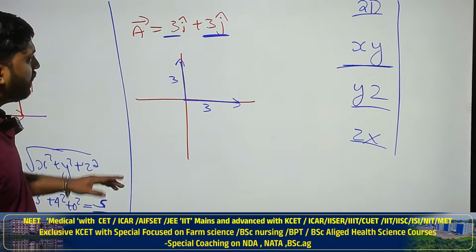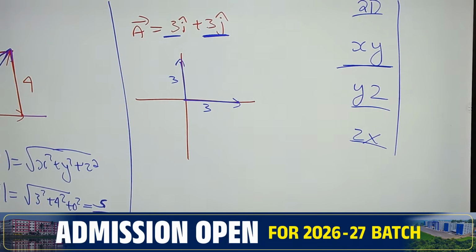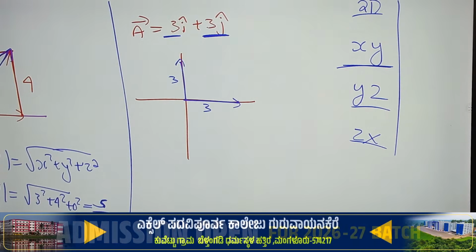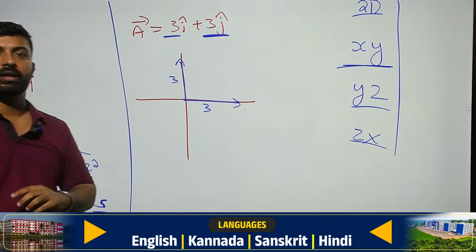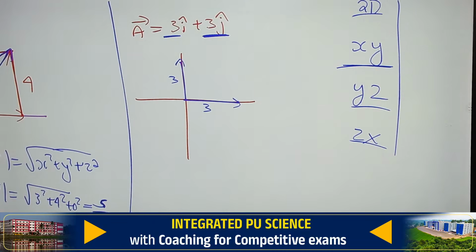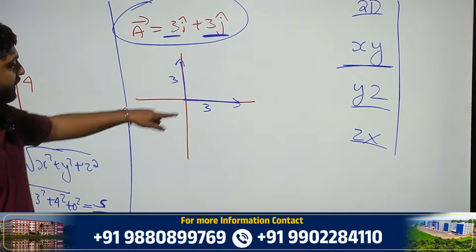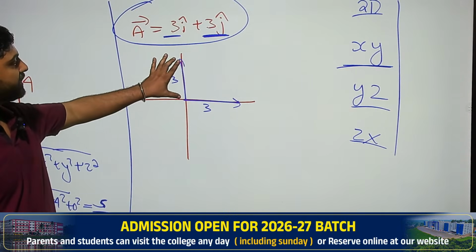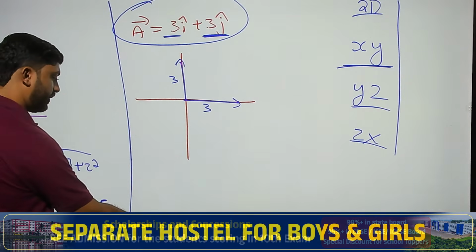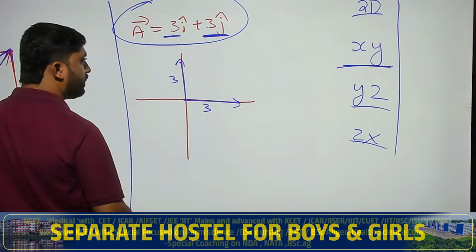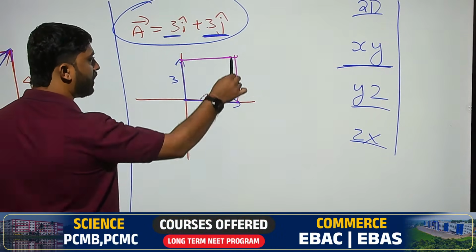Now look, we have 3i and 3j. Okay, now this represents 3i and this represents 3j, but what is the direction of 3i plus 3j? It is found by drawing a rectangle here.